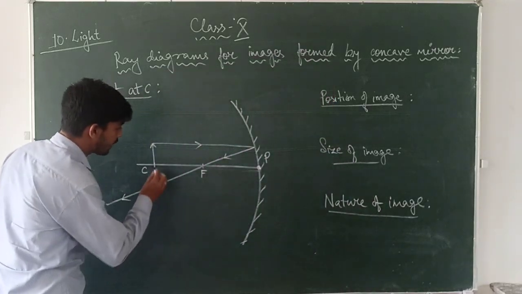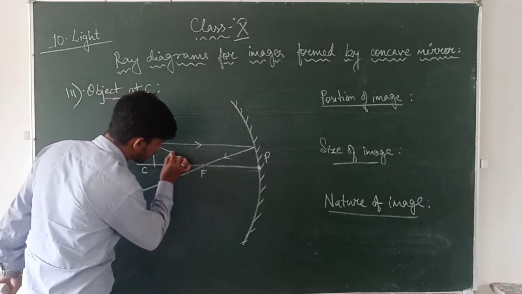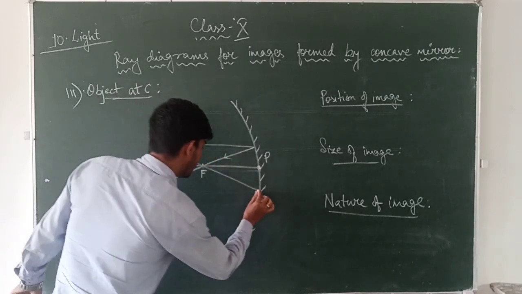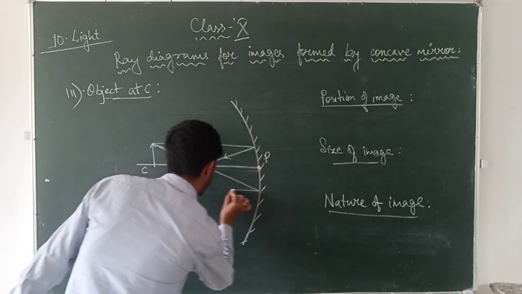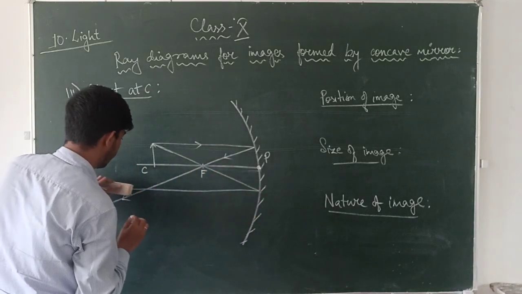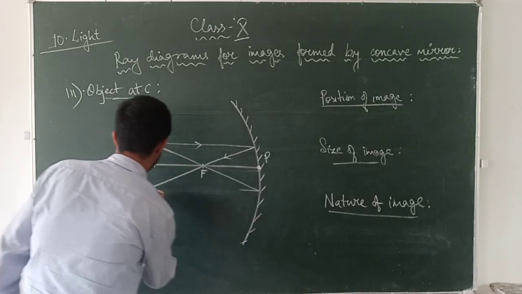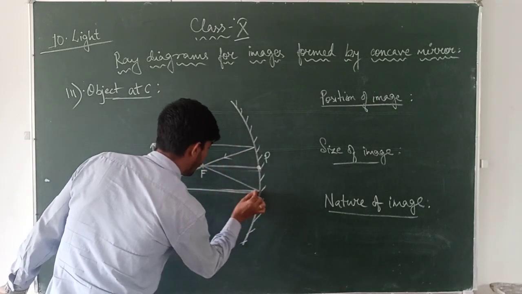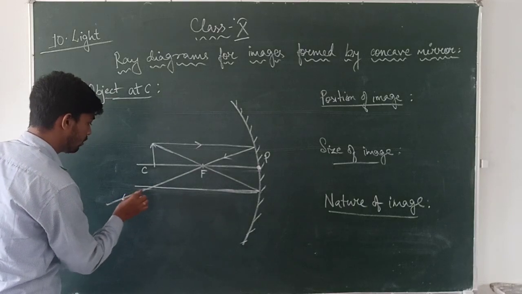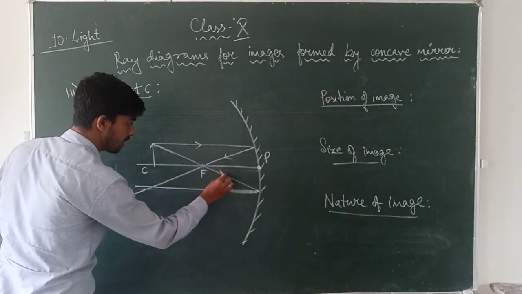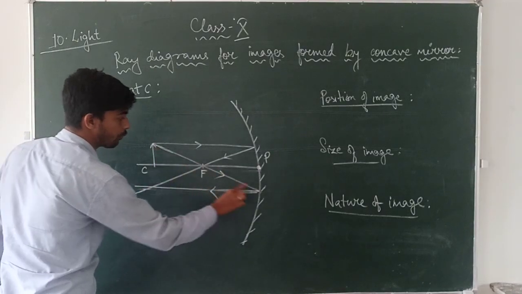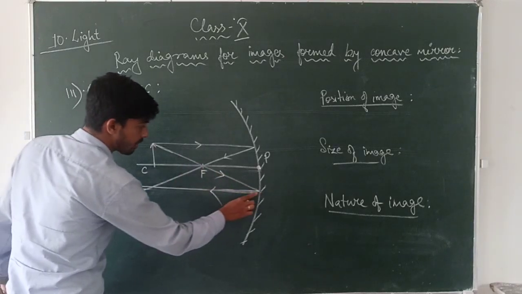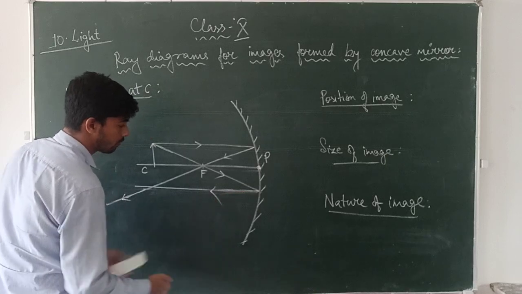So here we will take the ray passing through focus, and after hitting the mirror, the ray will come parallel to the principal axis like this. And this is our ray going through focus and going parallel to the principal axis after reflection.